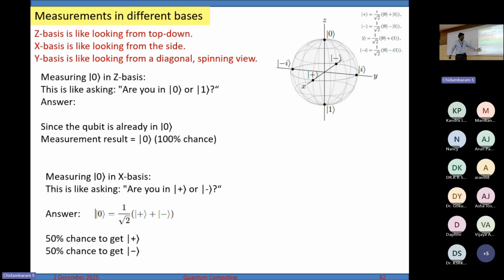So for ket 0, 1 by root 2 plus state plus minus state.